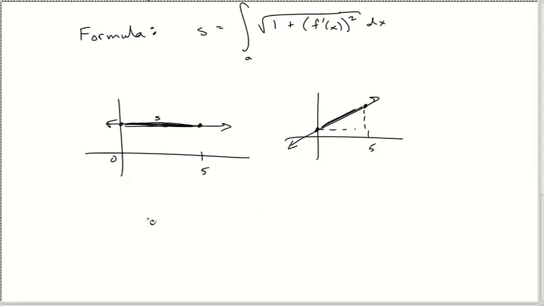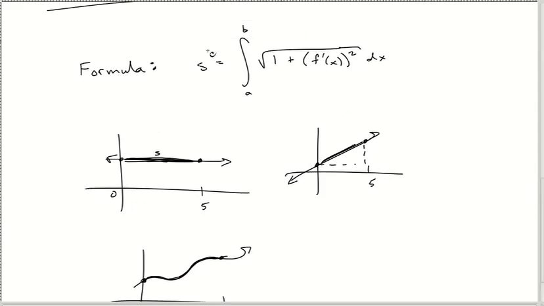Okay, cool. What if you have this kind of line, and they say find the arc length from 0 to 5? It's not exactly straight. You could probably approximate it, but to find the exact value, you're going to have to do some calculus.